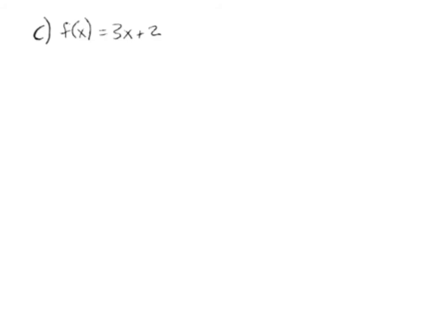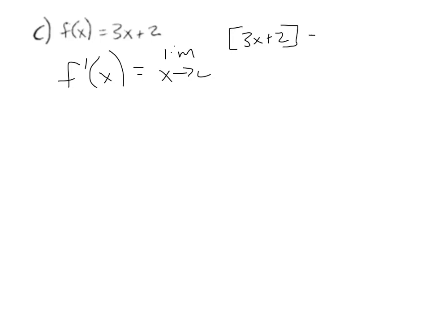So we'd start off by saying that f prime of x is going to equal, now it's the limit as x approaches c of, on the top, f of x, so 3x plus 2, minus f of c, and so that means put a c wherever you see x's, so 3c plus 2, and notice I'm using the brackets again.